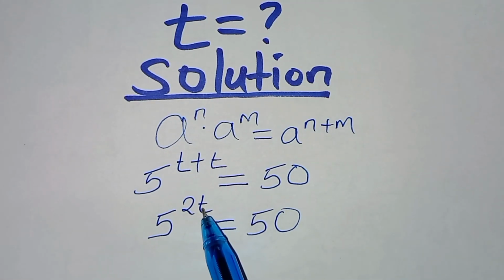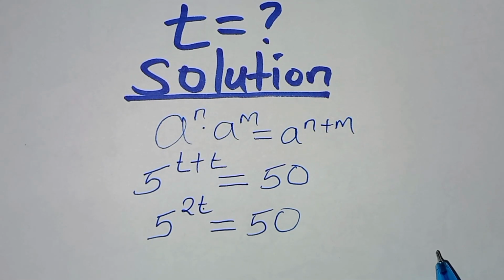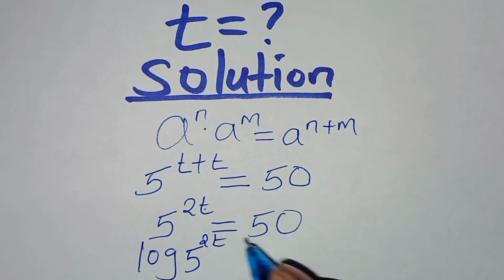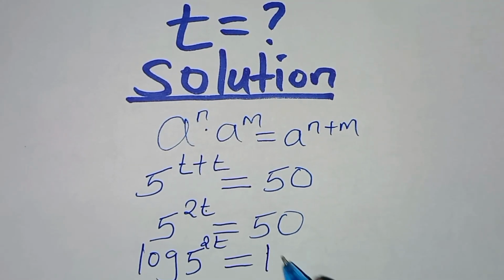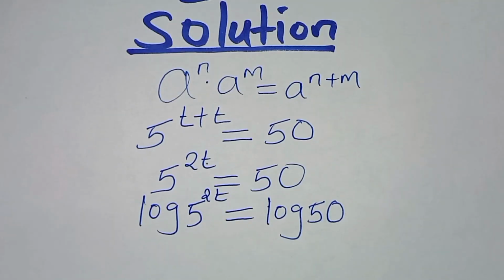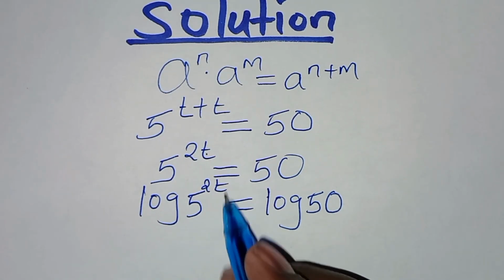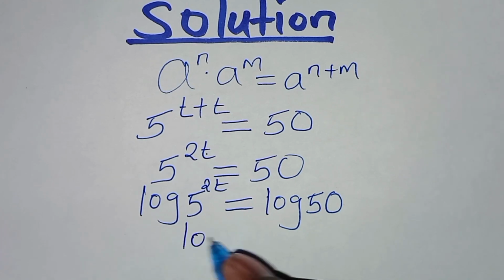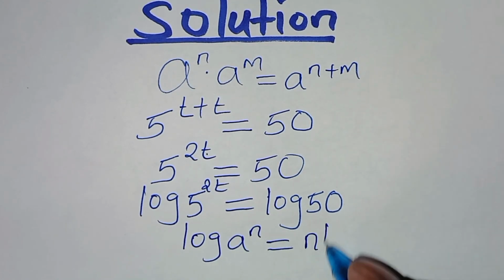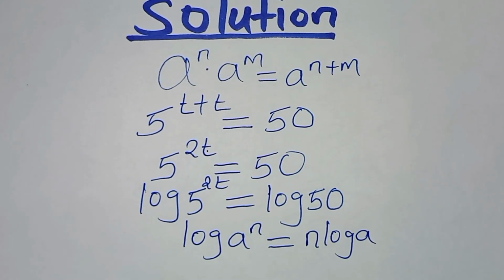To solve for the value of t, we introduce the natural logarithm on both sides, so that we'll have log 5 to power 2t equal to log 50. Log 5 to power 2t is in the form of log a to power n, which we can transform as n log a.